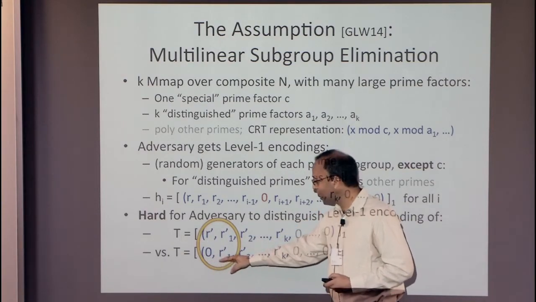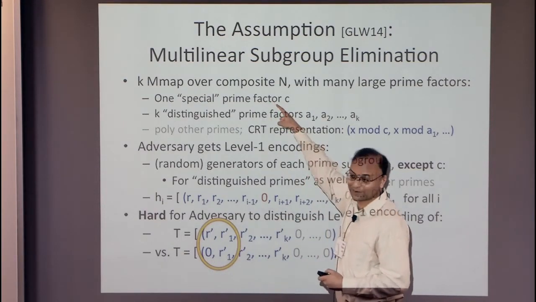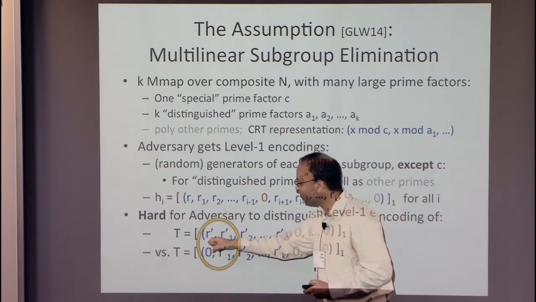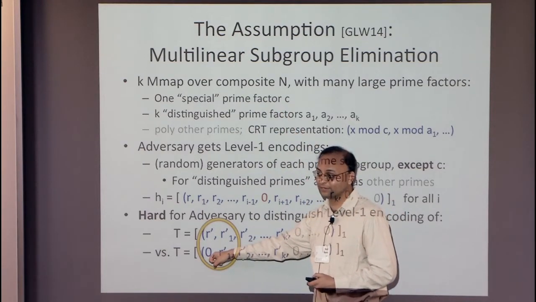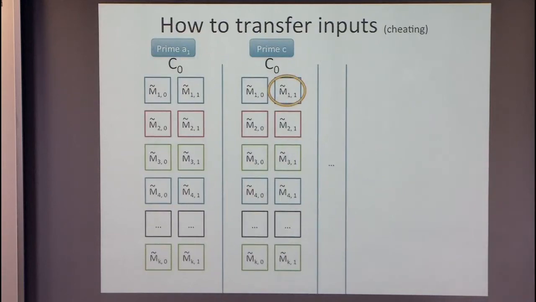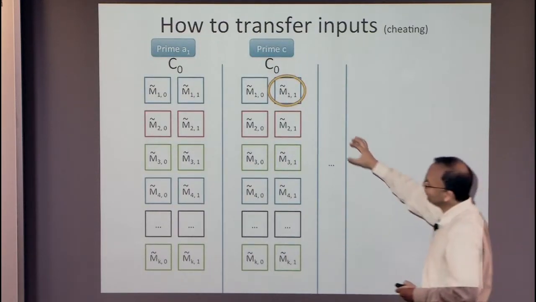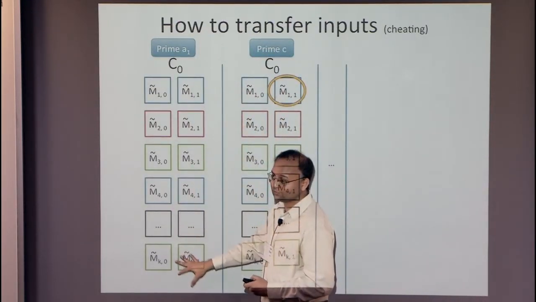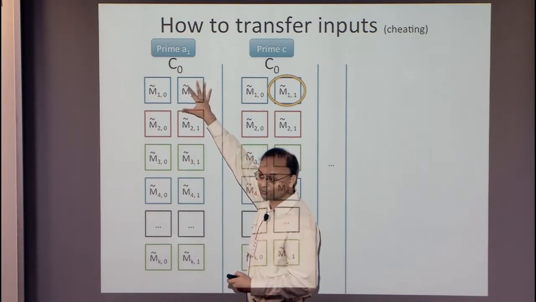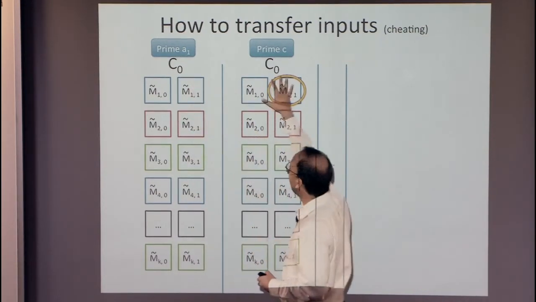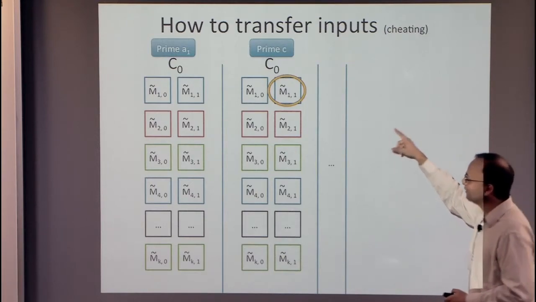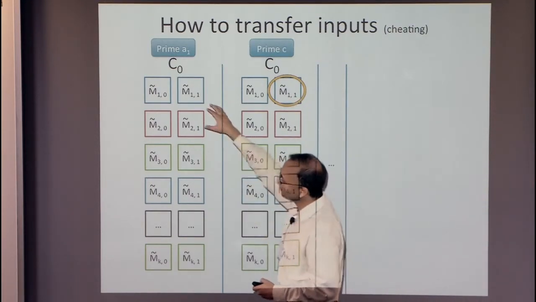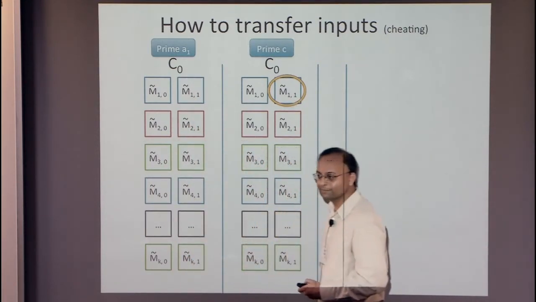It allows us to go in the special prime factor from something random to something that is 0, right? So this means that what we'll do is we'll think of these parallel obfuscations as happening with respect to different primes, right? A1, C, and so on and so forth. And I'll assign C to this one, and let's say A1 to this one, okay?